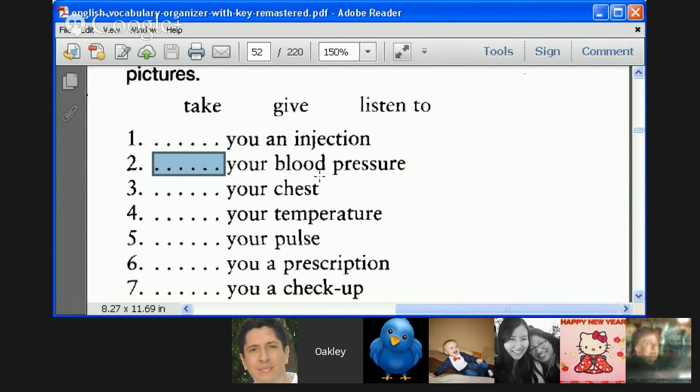Measures is correct, but I rarely, if ever, have I really heard somebody say that. Check your blood pressure, very common. Perhaps even more common than take your blood pressure. Very common if the doctor takes your blood pressure, and I would say I had my blood pressure taken. Or I had my blood pressure checked. Those are very common ways to talk about yourself.